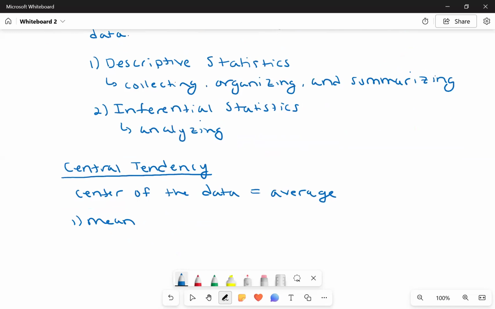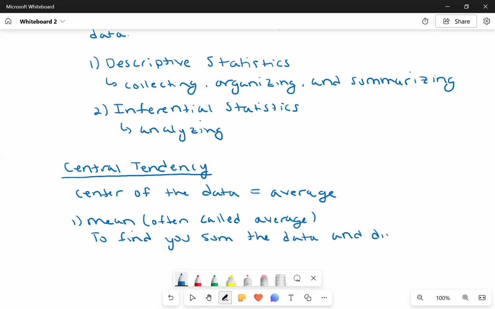So the mean is what we often call the average. This is what most people think of when they hear the word average. And to find it, you sum the data and divide by the total number of measurements, how many pieces of data there are.